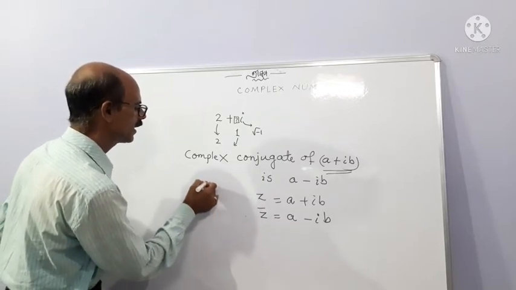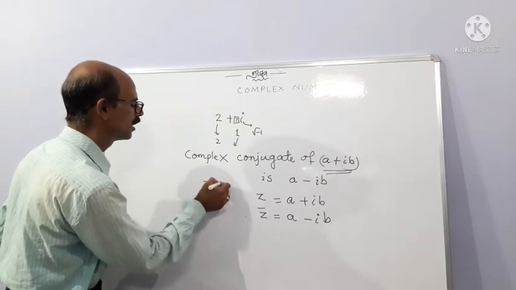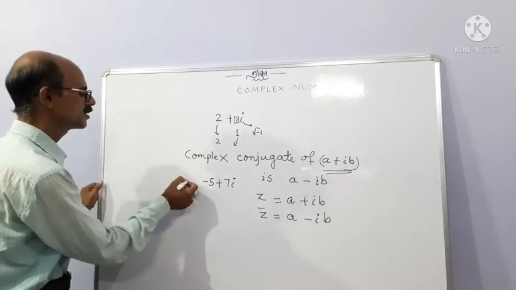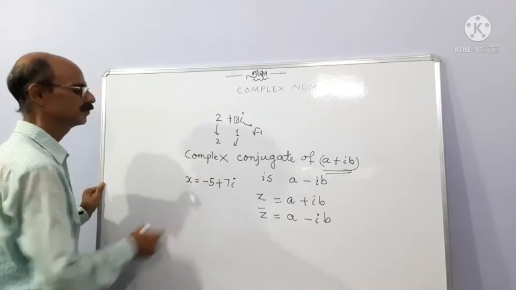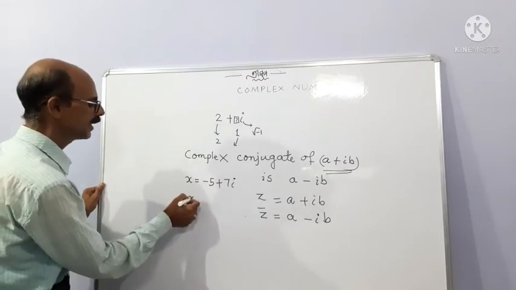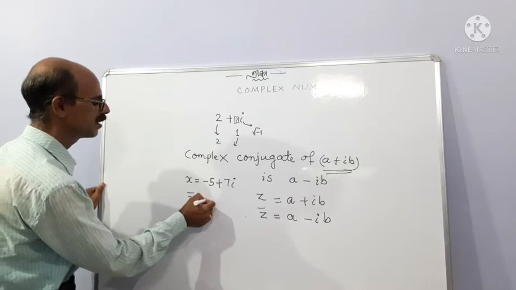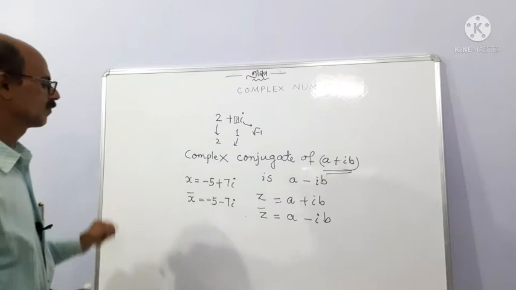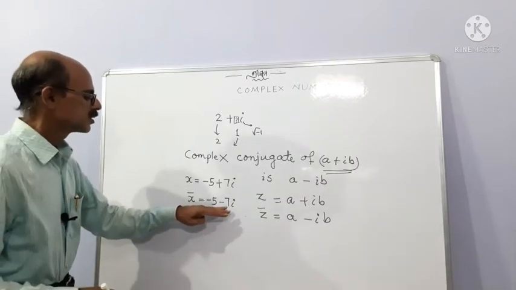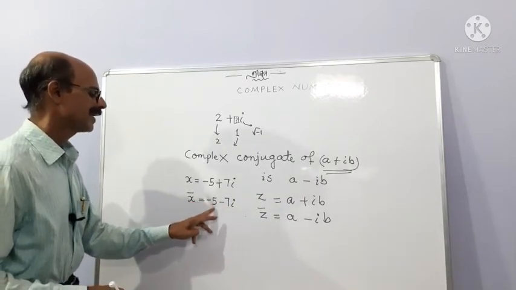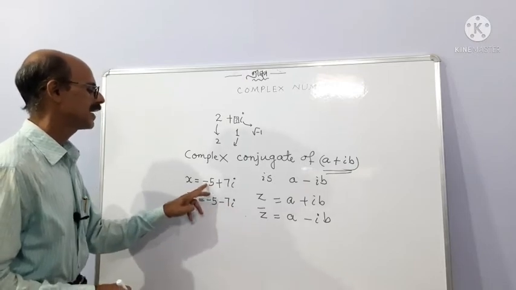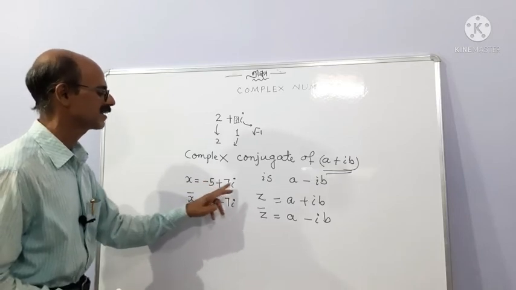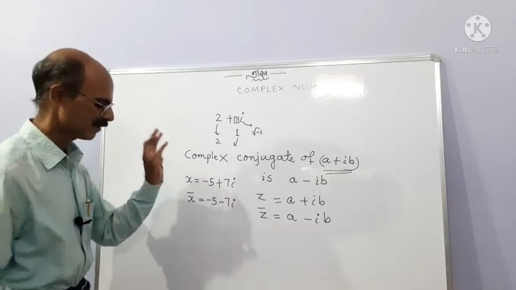If we write -5 plus 7i, suppose this is x, then its complex conjugate will be -5 minus 7i. So the complex conjugate of -5 minus 7i is -5 plus 7i, and the complex conjugate of -5 plus 7i is -5 minus 7i.